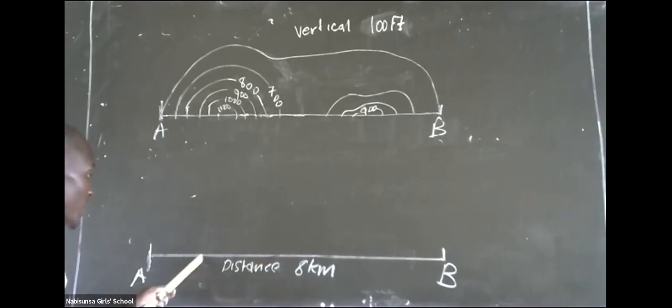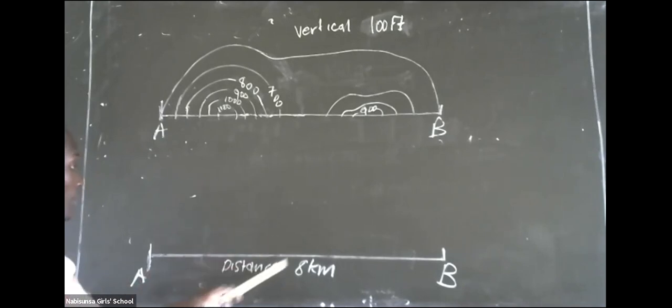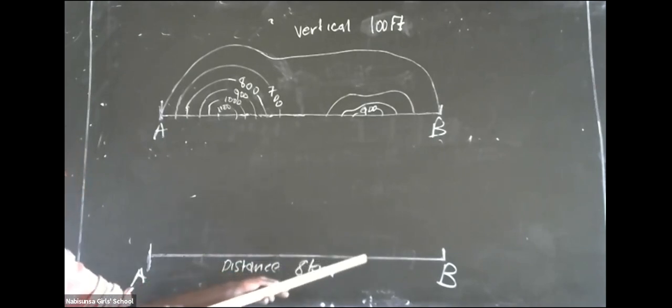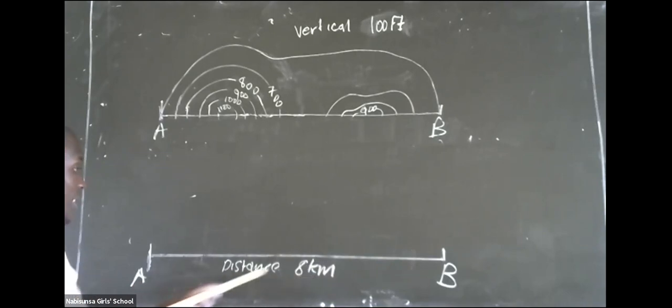When you count 2 centimeters on a graph paper, you are counting 1 kilometer, 1 kilometer, 1 kilometer. So you count how many spaces: 1, 2, 3, 4, 5, 6, 7, 8. Then you say distance, 8 kilometers. Am I clear?